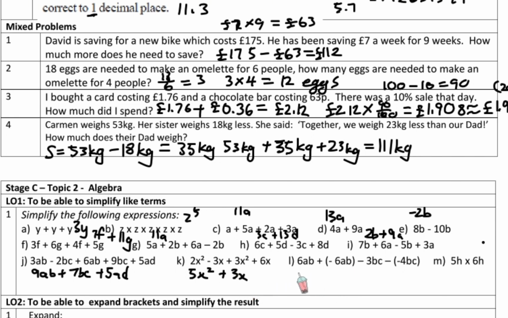For l, since positive and negative, it will be negative, and negative negative would be positive. So 6ab minus 6ab would be 0, and this will be bc only, because negative 3bc plus 4bc would just be 1bc, and we can just write it as bc.